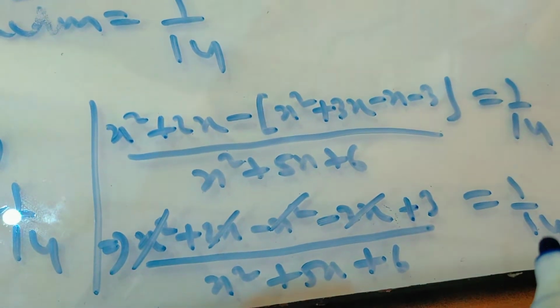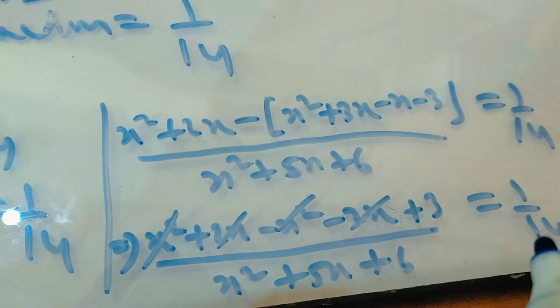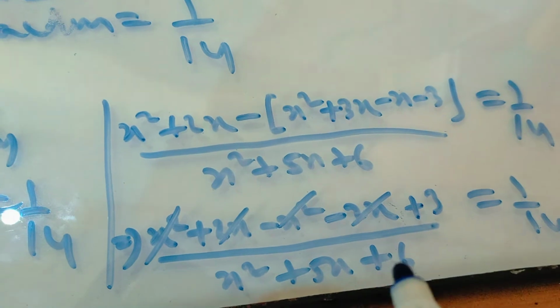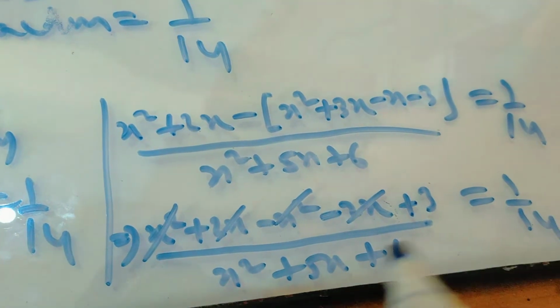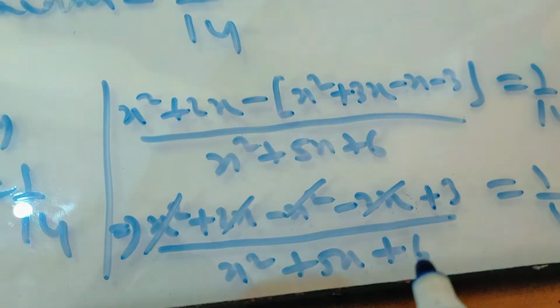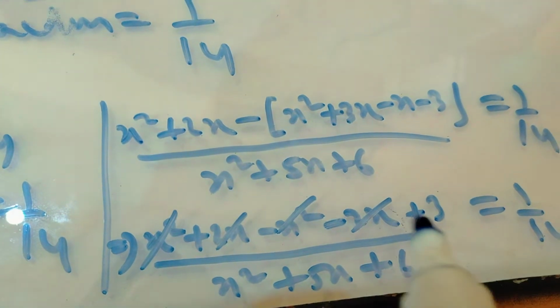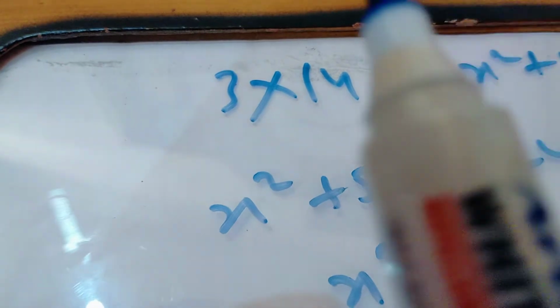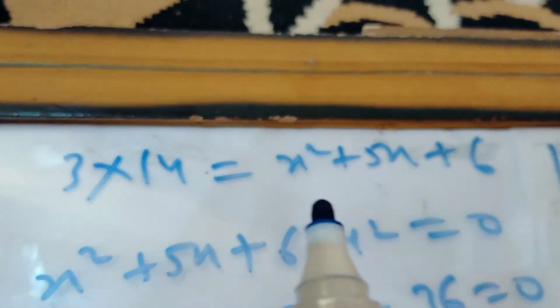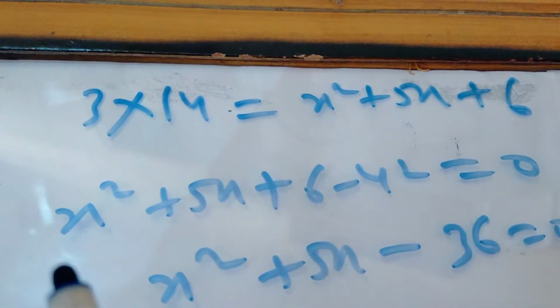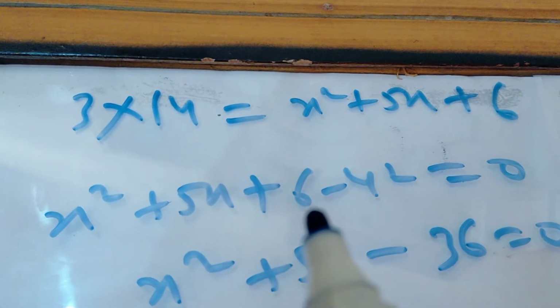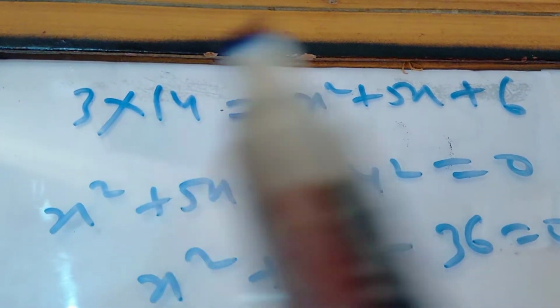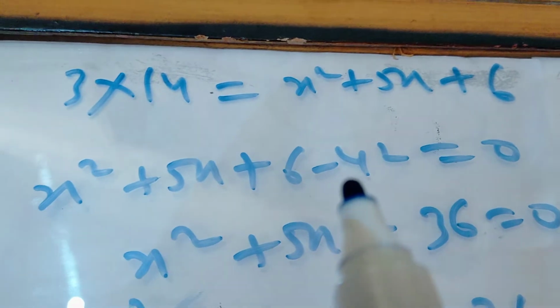Now if we cross multiply, 3 into 14 will be on the left side and x square plus 5x plus 6 on the right side. 3 into 14 is 42, which I shifted to the right side, so I got minus 42.